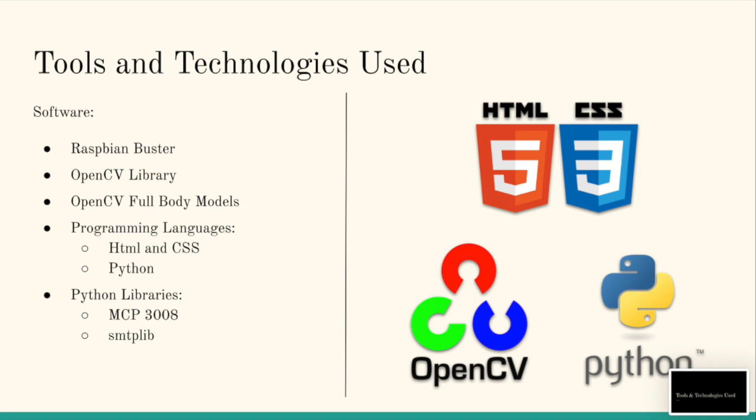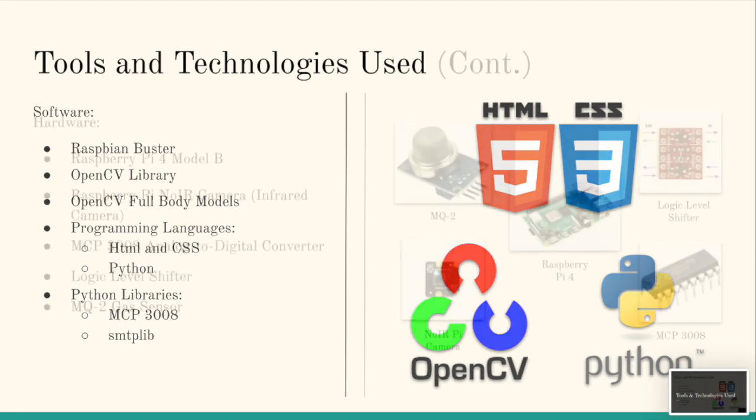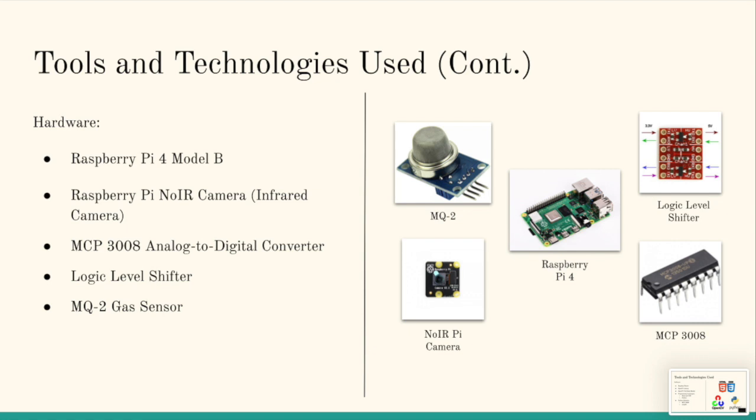So we modified it using HTML and CSS to make it a little bit nicer and cleaner. Lastly, for Python libraries, we used the MCP3008 library to interface with the analog to digital converter, and the smtplib library to establish a connection between the Raspberry Pi and the mailing server, so that we could send emails to the user if something was detected.